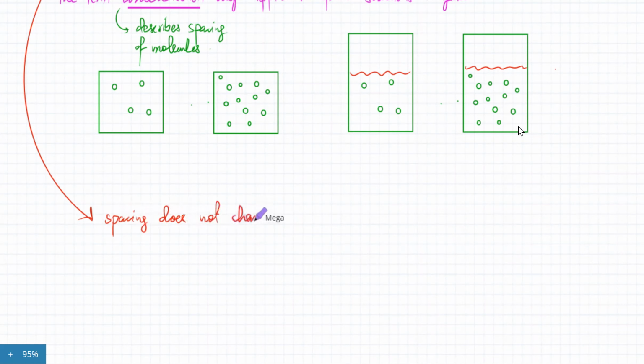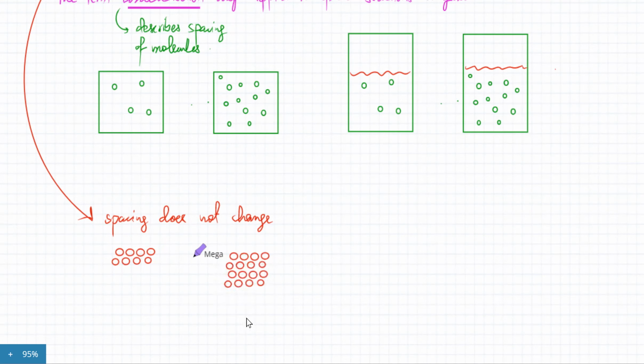So if you have a solid, the particles are always tightly packed. Let's say we've got a solid, and you can see that the particles are always close together. Even if there's more of it, here's another solid, the particles are still close together. So the concentration is fixed.